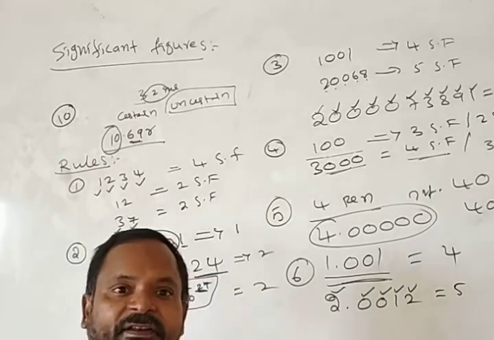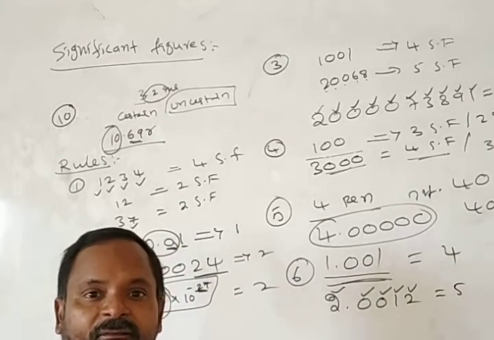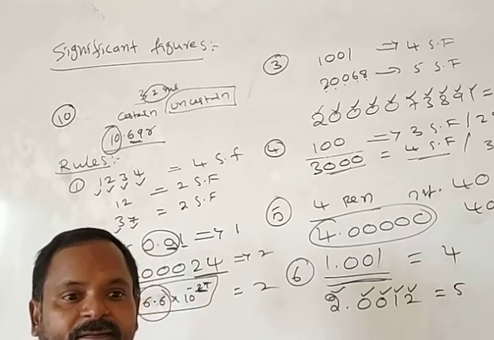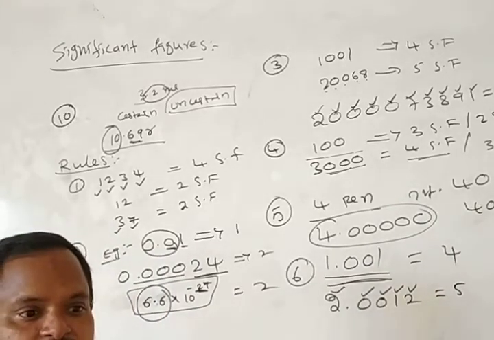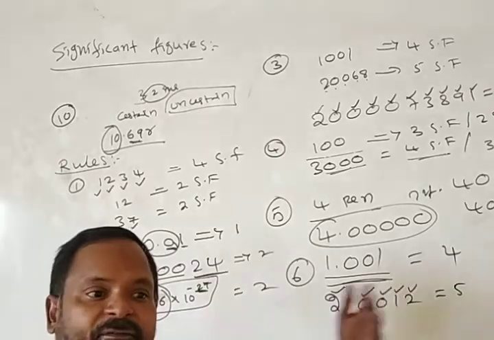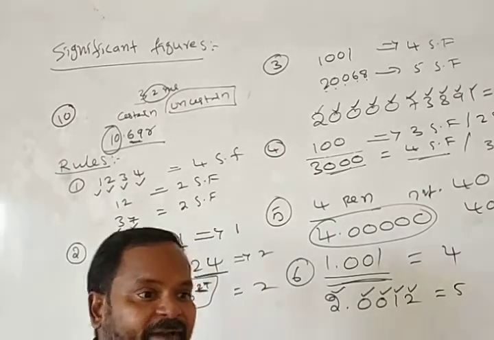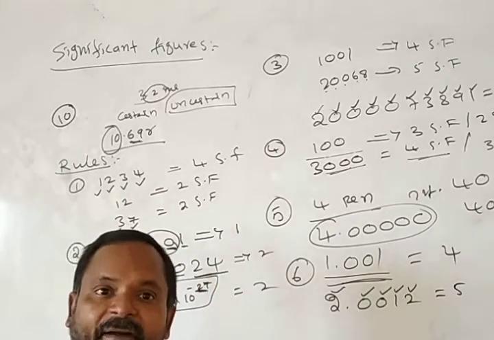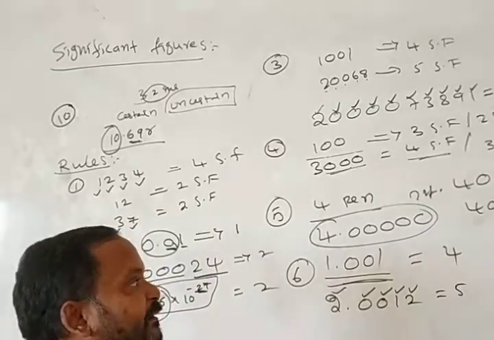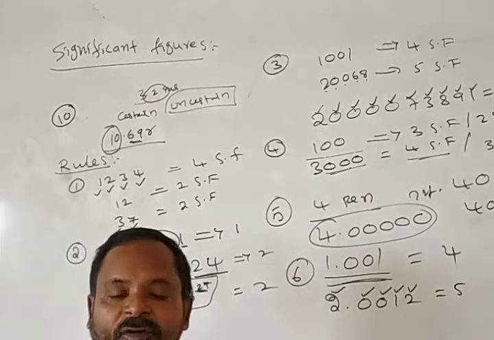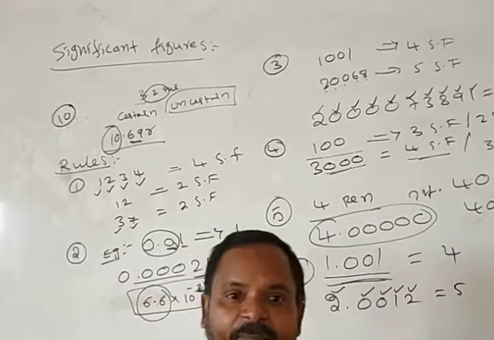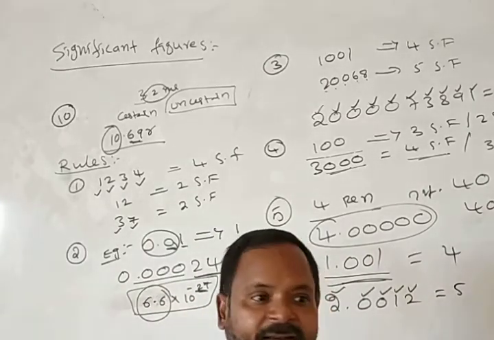What is the meaning of significant figure? The exact value, the exact number with a certain value, identifying the number, we call a significant figure. Suppose, for example, in a classroom 30 benches are there and 1 chair is there.